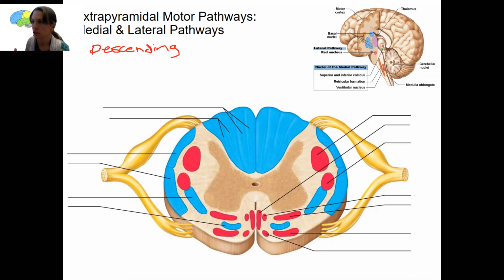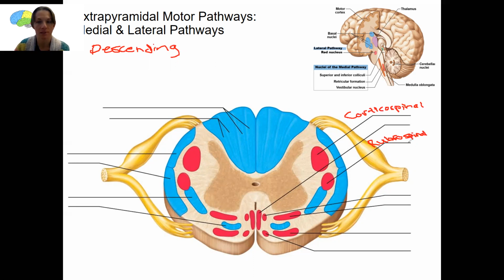So over here, this is our corticospinal, the lateral. Here, this is our rubrospinal. What does that mean, this is our rubrospinal again? That means these are the myelinated axons of the neurons whose cell bodies are in the red nucleus.